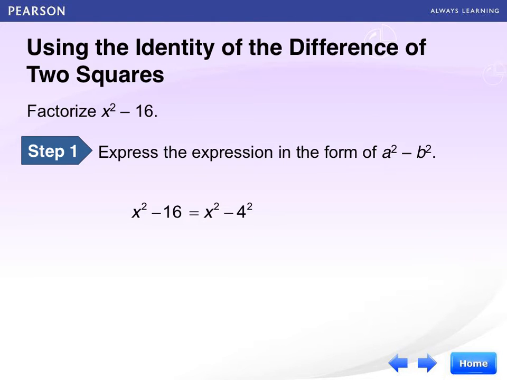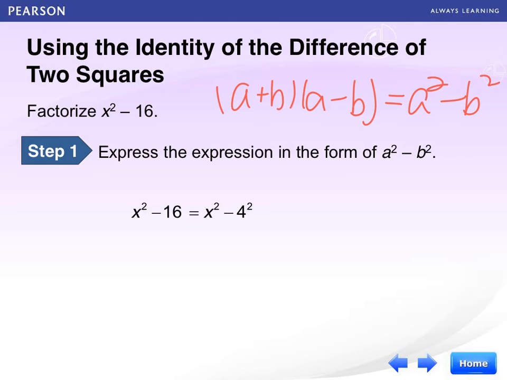So a plus b times a minus b can become a squared minus b squared. Because it's an identity, a plus b times a minus b is identical to a squared minus b squared, and in the same way, when I give you a squared minus b squared, of course we can go back to these two factors.